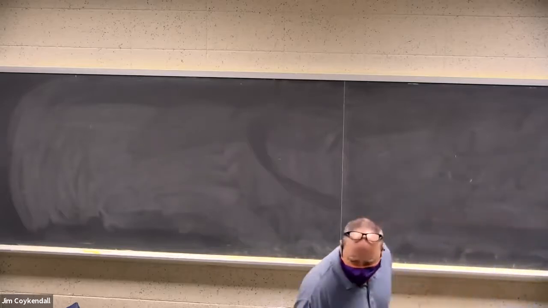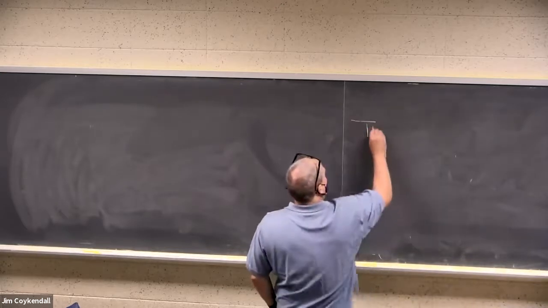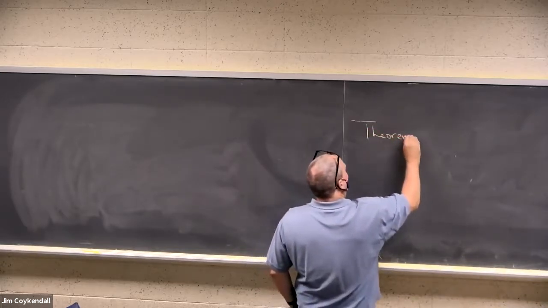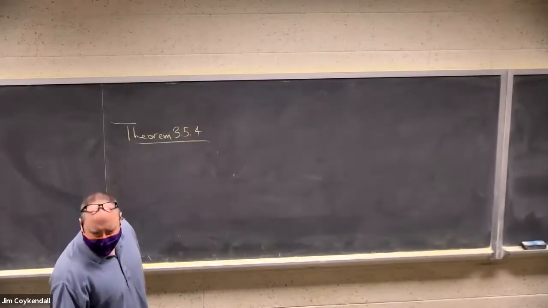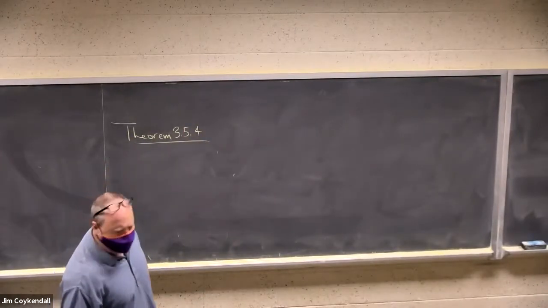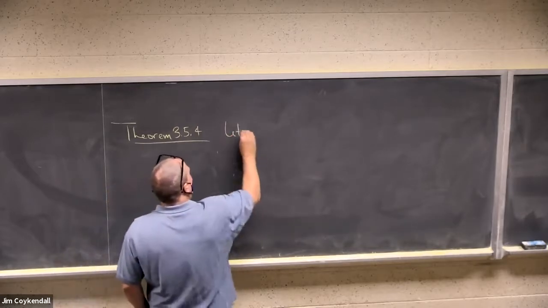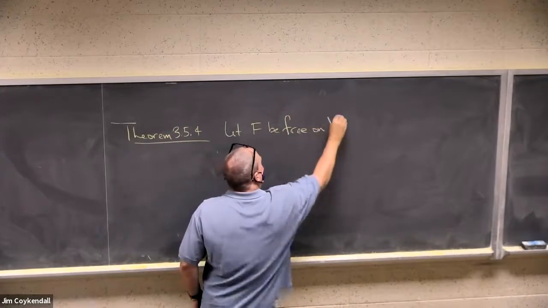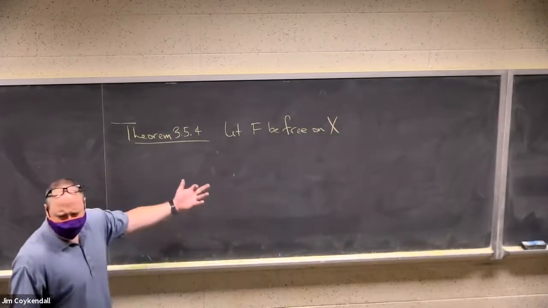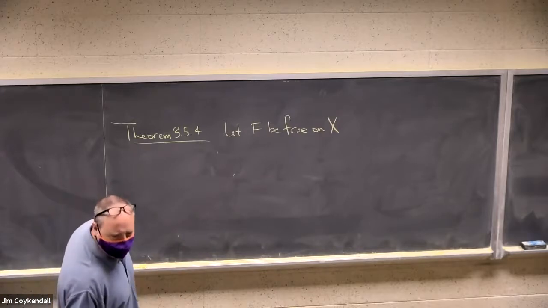So let me give you the following theorem. Let F be free on X. And of course, this just means X is our collection of letters, my alphabet, if you will.